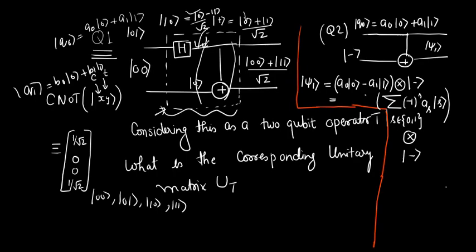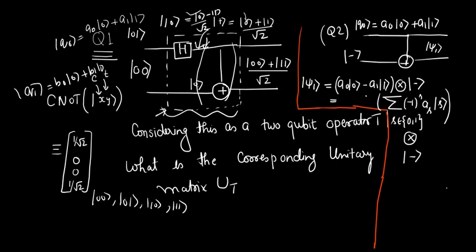The next question we have here is that we are using a controlled NOT gate, right? But for the first qubit, we have any general qubit of type A0|0> plus A1|1>. So what would happen to this qubit if we apply minus to the second qubit? So this is the objective.